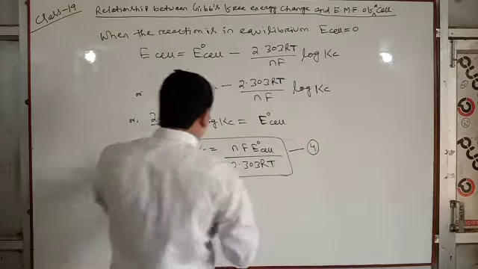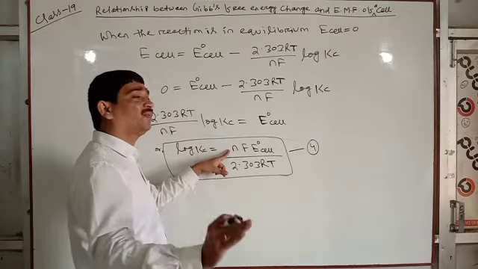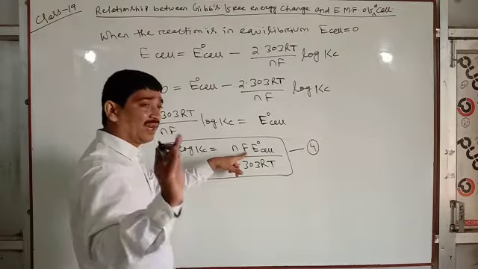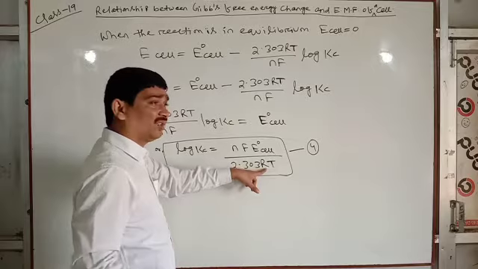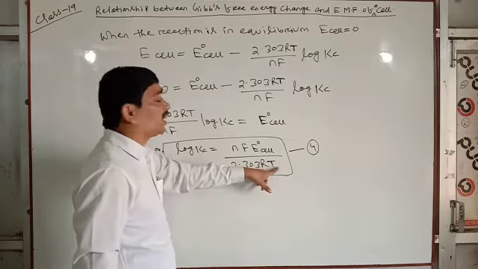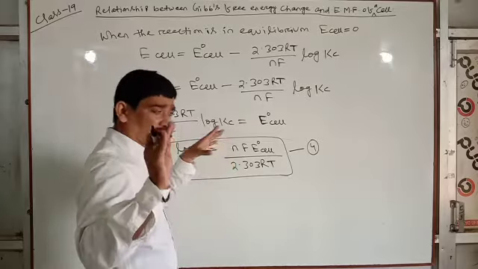Look at this, you can apply it. What is n? n is the number of electrons transferred from anode half cell to cathode half cell. F is 1 faraday. E naught cell is the standard EMF. R is the gas constant. T is the absolute temperature. These are the same terms we used in the Nernst equation.